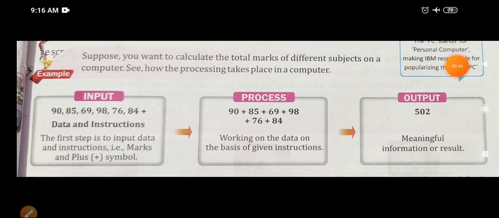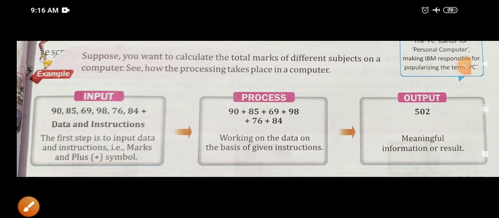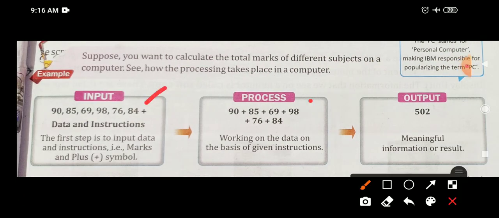So this is a cycle: we give the input to the computer, it processes it and gives the output. This is the IPO cycle, input processing output cycle, a cycle that works in a computer to calculate a result.